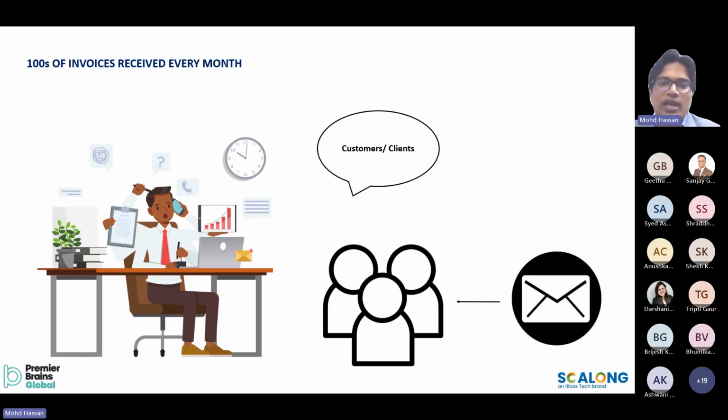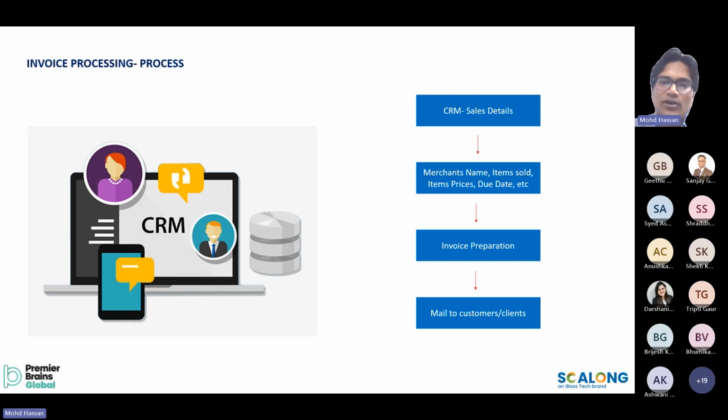Whenever there is any human dependency or a manual process, these kinds of things occur. So what we can simply do is, through a CRM, take up the sales details, like the merchant name, item sold, item prices, due date, etc. All the relevant data can be fetched.